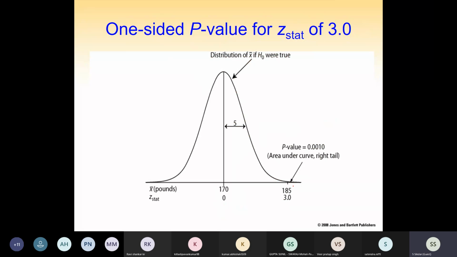So if it is 185 and 3.0, the p-value has been found to be 0.0010. So please check this. Once these slides are given to you, you just calculate. Sometimes they put it, it may not be exactly the same.